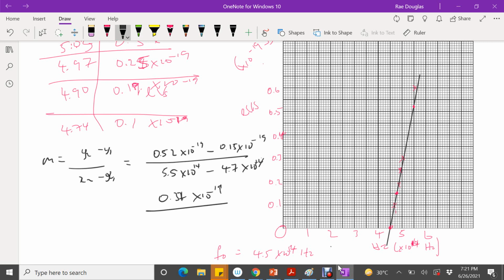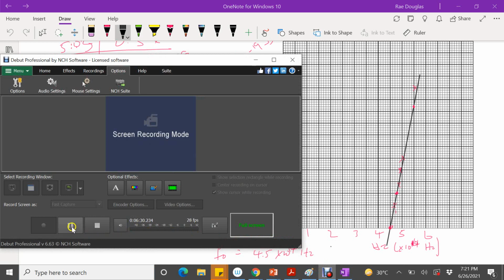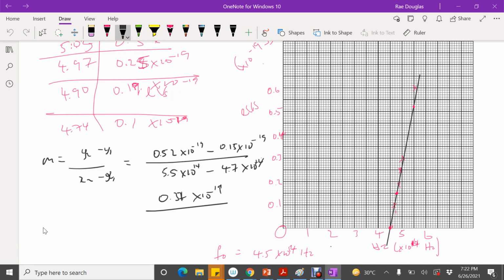Let's find the difference: 5.5 minus 4.7. One second here. So we just need to subtract that. Once we subtract that, I get 0.8 times 10 to the 14. Then all we need to do now is put everything into the calculator.